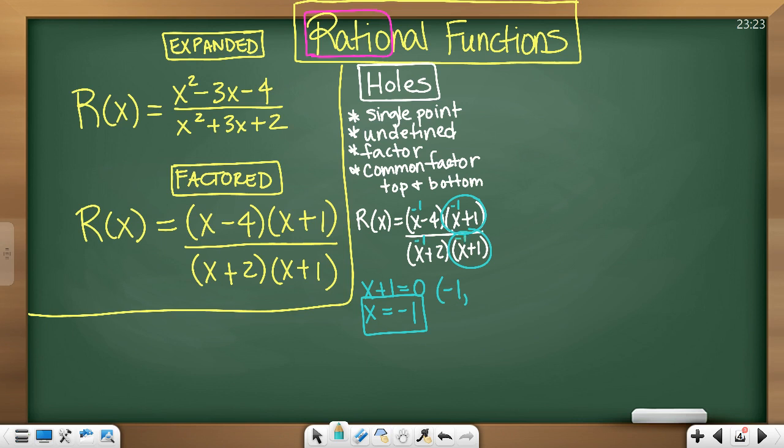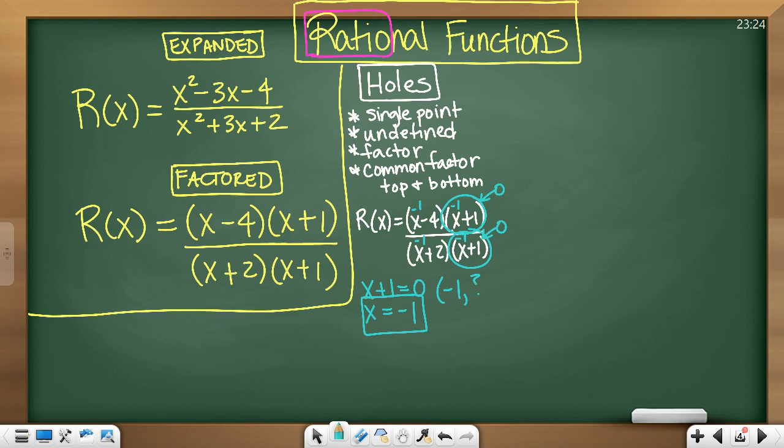If I do this, what's going to happen? I see that this is going to be negative 5 up top, but what's negative 1 plus negative 1 going to be? That's going to give me a 0. And then I'm going to have the same problem on the bottom. So you see, there's an undefined value when x is negative 1.